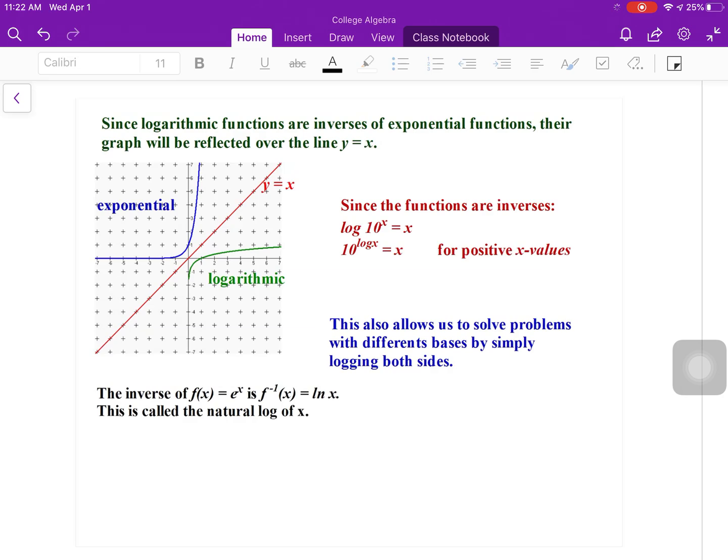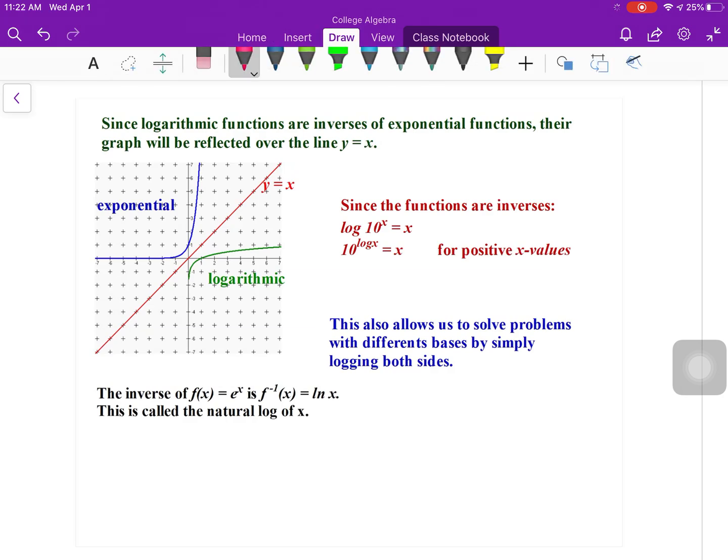Just to show you that logs and exponents are inverses of each other. If they're inverses, they reflect over the line y equals x, which is right here. Here's y equals 10 to the x. Here's y equals log base 10 of x.